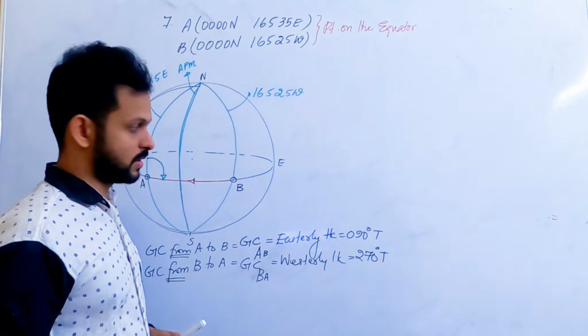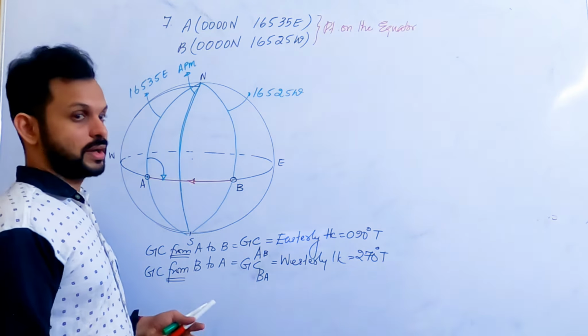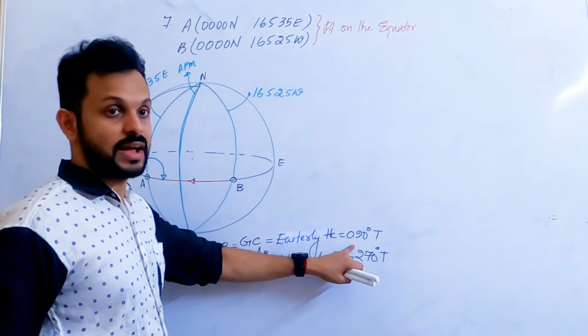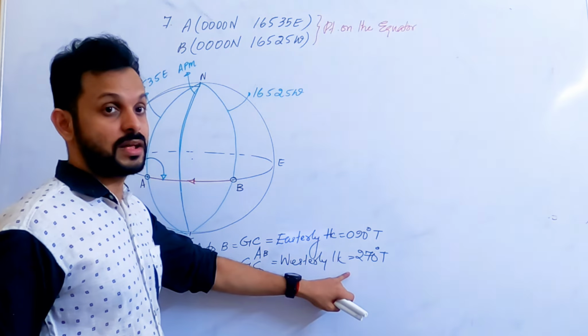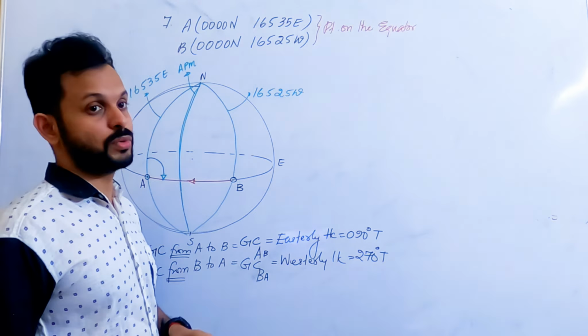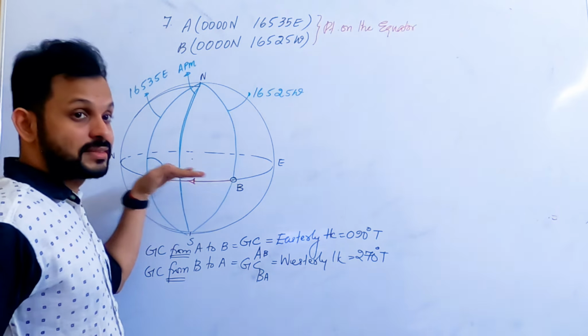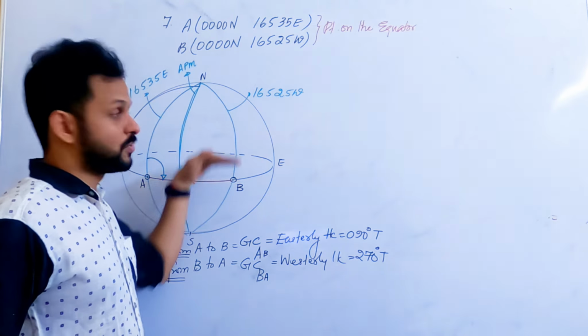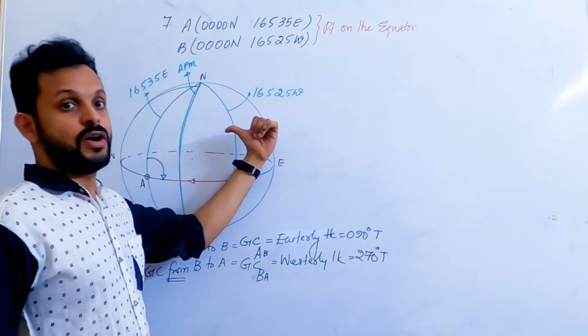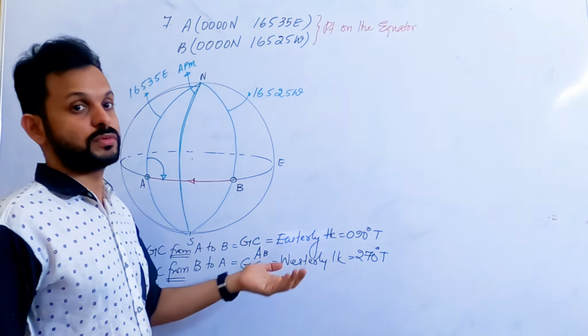That won't be 270, right? So when you're tracking along the equator, you either track easterly, a 90 degree track, or westerly, a 270 degree track. That goes for all the parallels of latitude also, because parallels of latitude lie in a plane parallel to the equator. So if I'm tracking along 30 degrees north towards east, it's an easterly track of 90. Over this side, it's always a westerly track of 270, right?